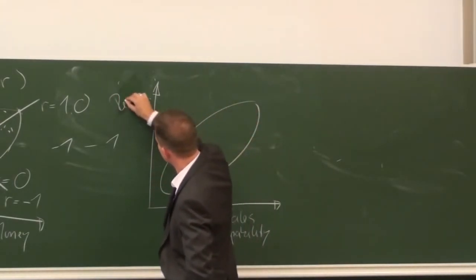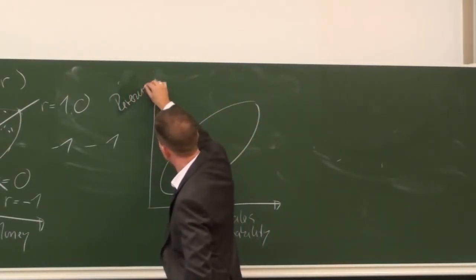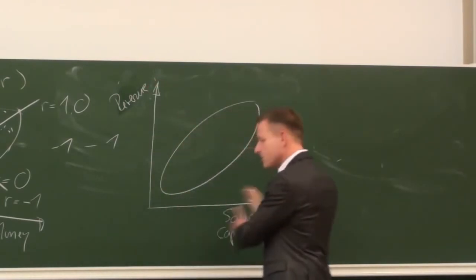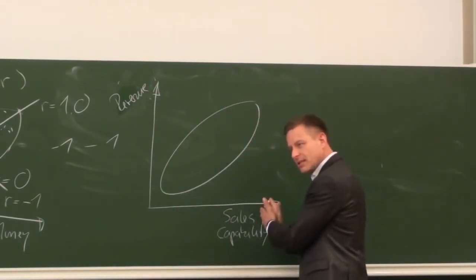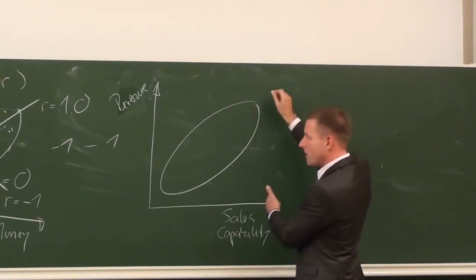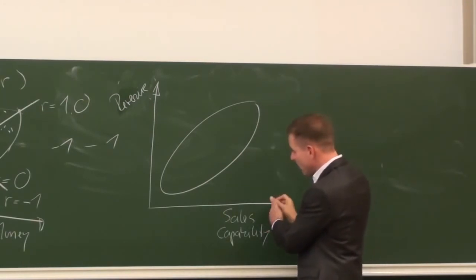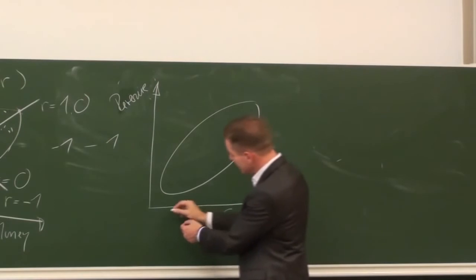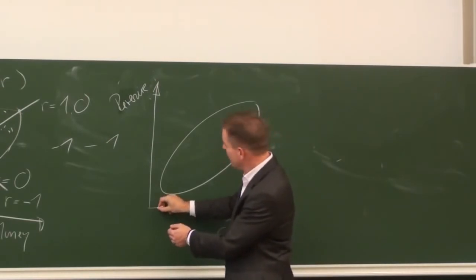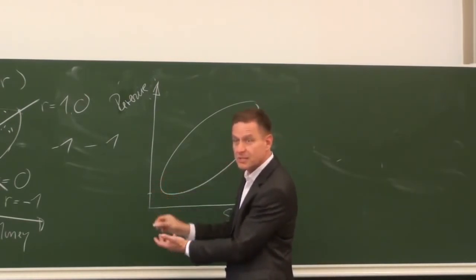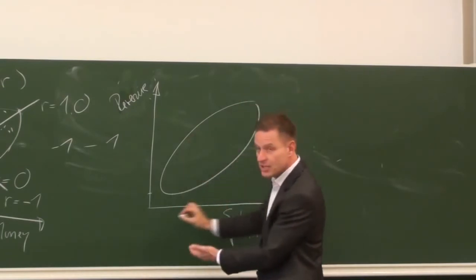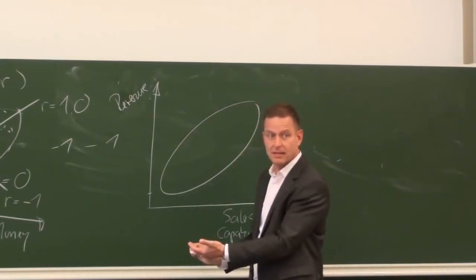Yes, revenue. Those who score high on a sales capability test should sell more. And those who are weak on a sales capability test, rather here, they should sell less. And we would expect that there is a kind of relationship like this.